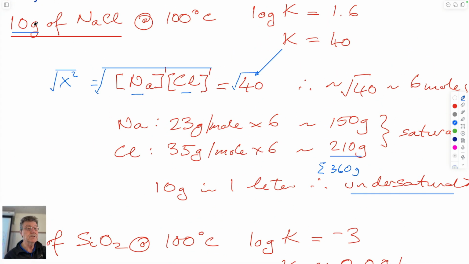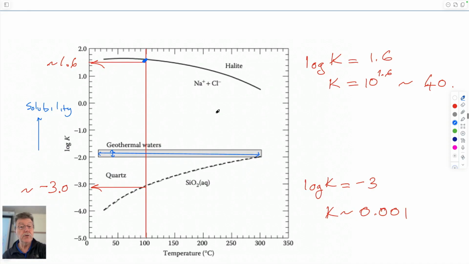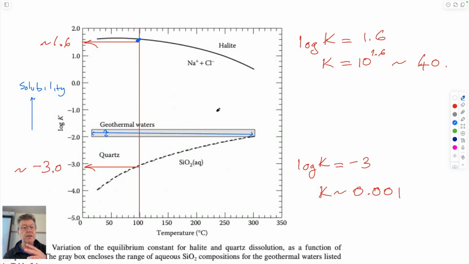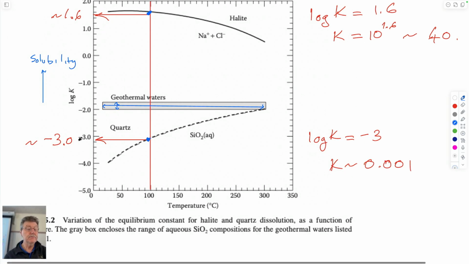It would all go into solution. And so you can define whether it will be undersaturated or oversaturated or at equilibrium by looking at the concentration relative to equilibrium.